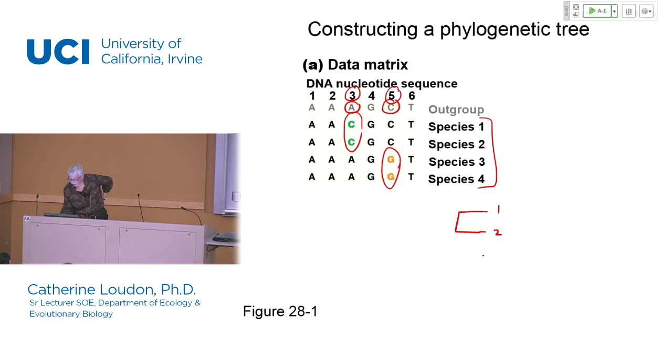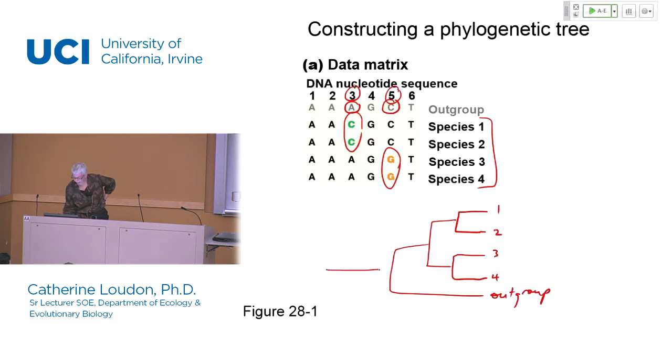And so let's go ahead and make species 3 and 4 sister taxa as well in this phylogenetic tree. And then we can go ahead and add the outgroup here. And here we have one possible phylogenetic tree for showing the possible relationship between these 4 species.